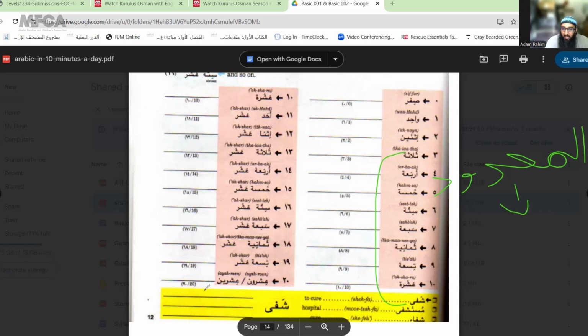Etc. The word that comes after al-ma'dud is going to be jam'un. It's going to be in its plural. And in addition to that, it's also going to be majroor, right?